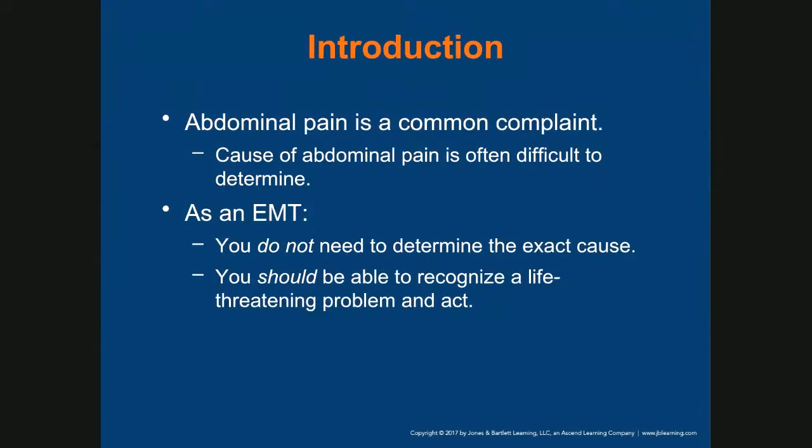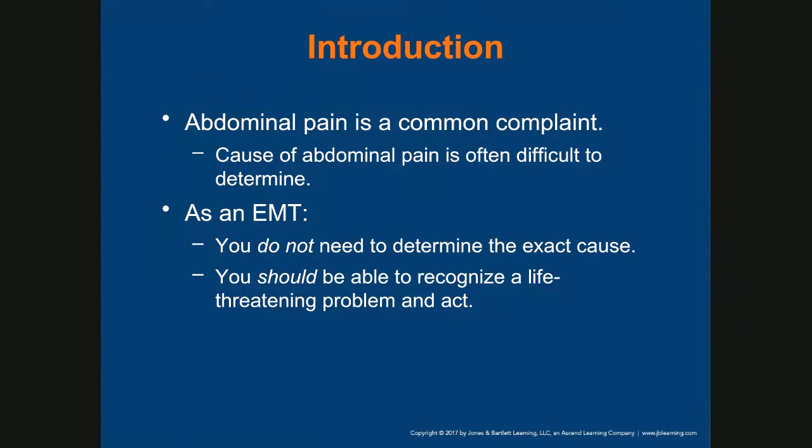All right. Abdominal pain is a common complaint. The cause of abdominal pain is often difficult to determine, right? Because of the size of the abdominal cavity. And when we think about the abdominal cavity, we have to think about the peritoneal space, organs that are within the peritoneum, organs that are outside of the peritoneum or retroperitoneal, and we have to think about the organs in the pelvic region.